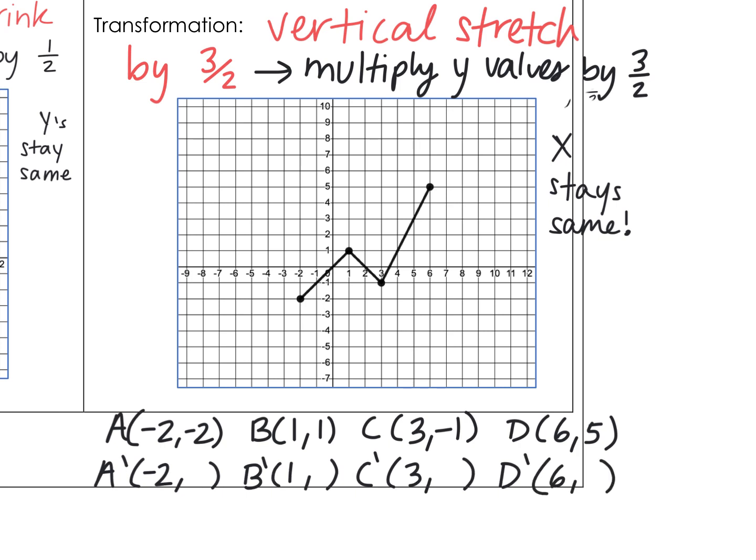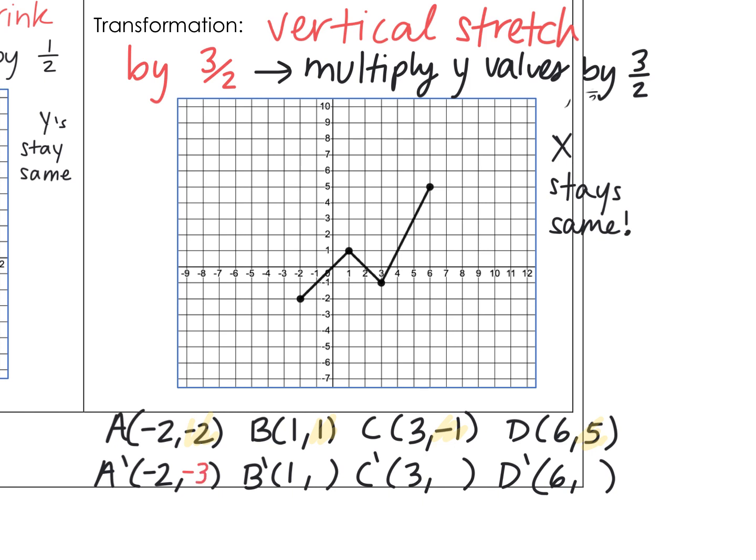Okay, now let's figure that out. You're multiplying your y values by 1.5. Maybe you can do it in your head. If not, you can grab a calculator and multiply by 3/2 or 1.5. 1.5 times -2 is -3.